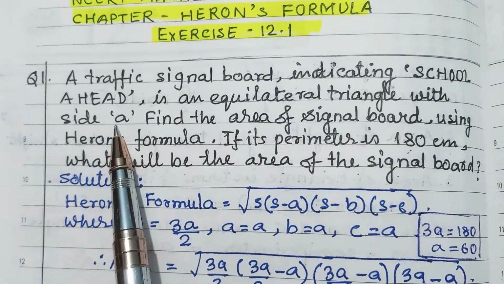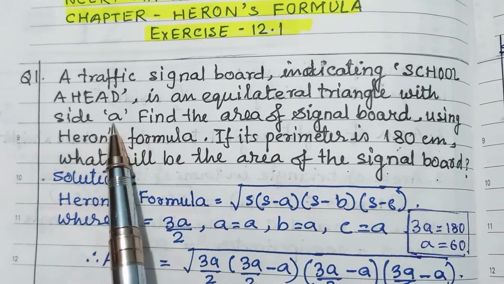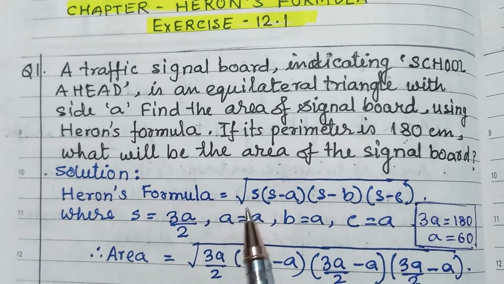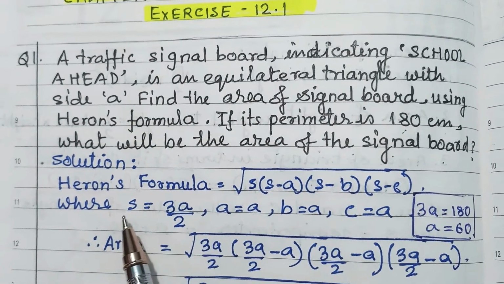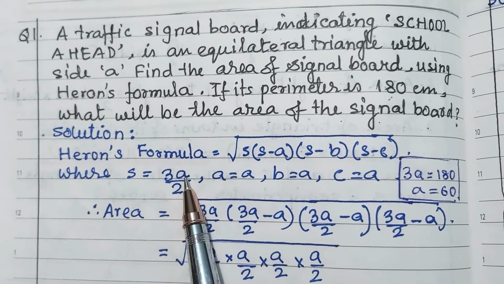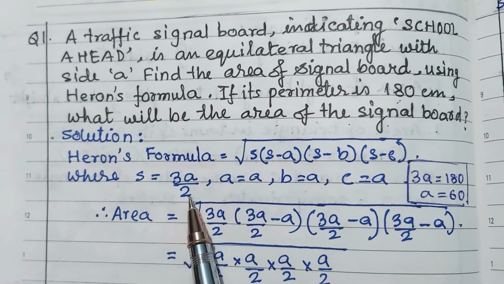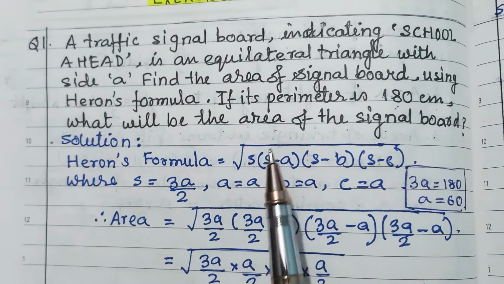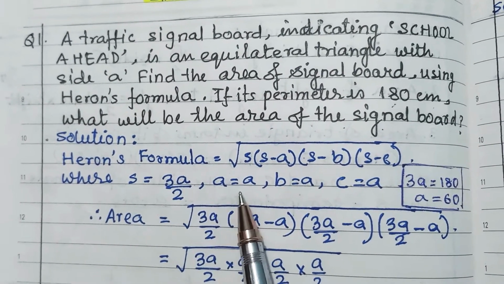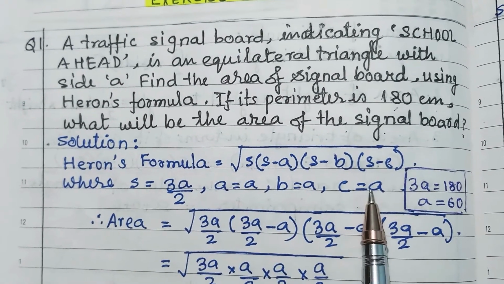Now first, as per the condition, side is a. Heron's formula is under root s into s minus a, s minus b, s minus c. So how much is s? s is equal to 3 into a upon 2, half of perimeter. All three sides, as it is an equilateral triangle, are a.